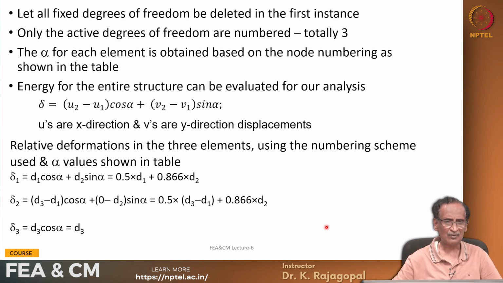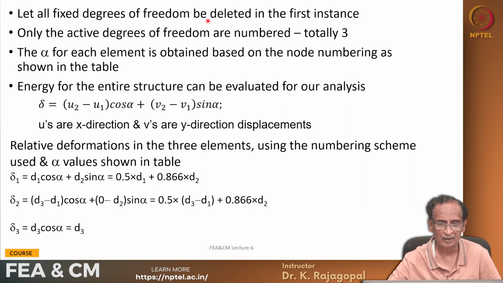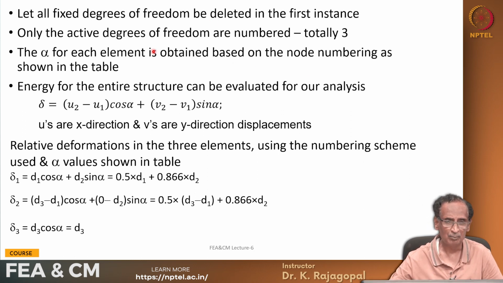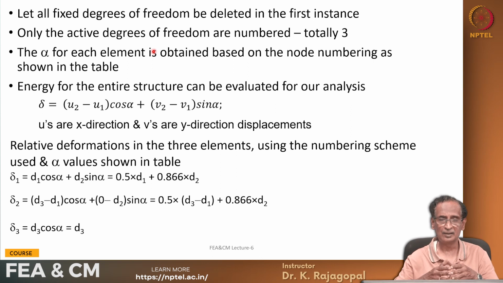And we have deleted all the fixed degrees of freedom and numbered only the active degrees of freedom that are free to deform either along the x-axis or along the y-axis.